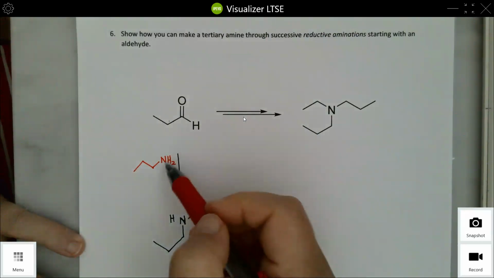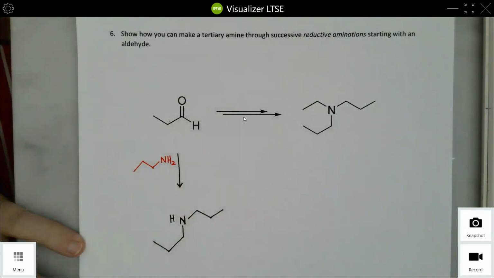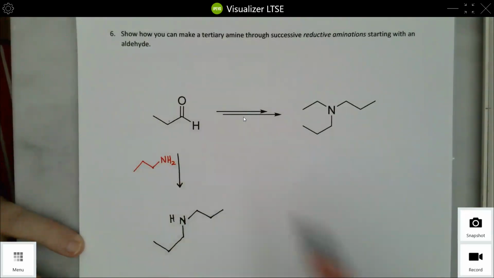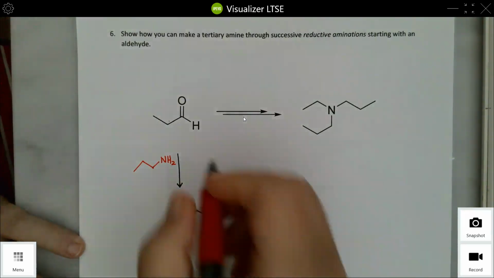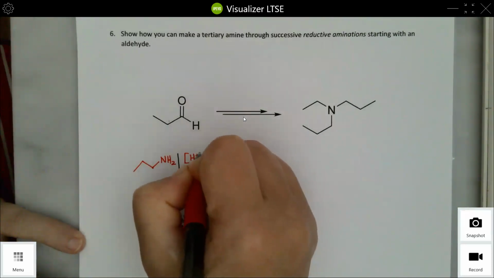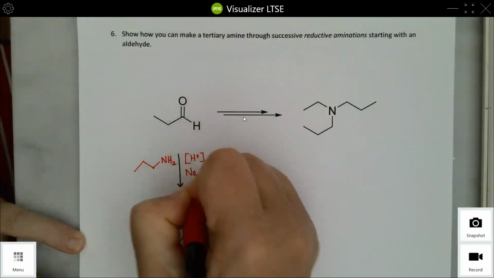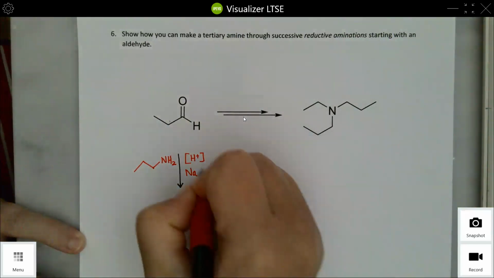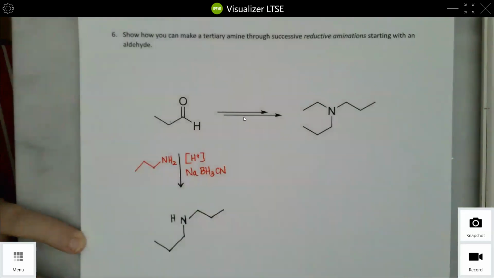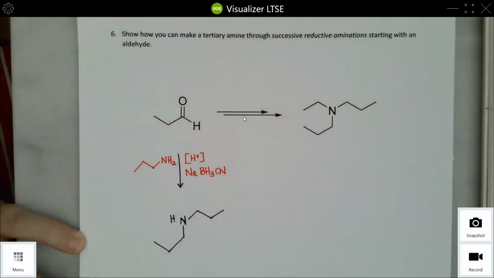And so these react together to form an imine, which is then reduced. So 1, 2, 3, 4, 5, 6, 1, 2, 3, 4, 5, 6. So just be consistent with your carbons. So we do need an acid catalyst, and then we use sodium cyanoborohydride as the reducing agent in reductive aminations.